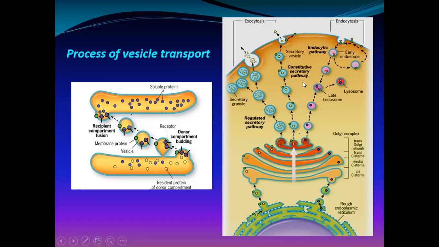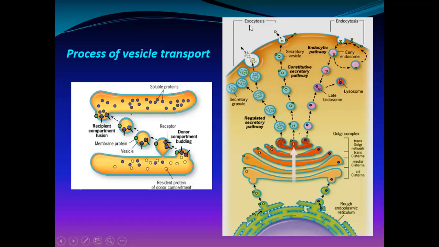The constitutive secretory pathway, right? There are two pathways, and we don't need to know them in detail. This one is called regulatory. Here also what happened? Here the bulk amount goes there, and here one or two proteins will be transported. You can see that one is going and being incorporated in the membrane, right?